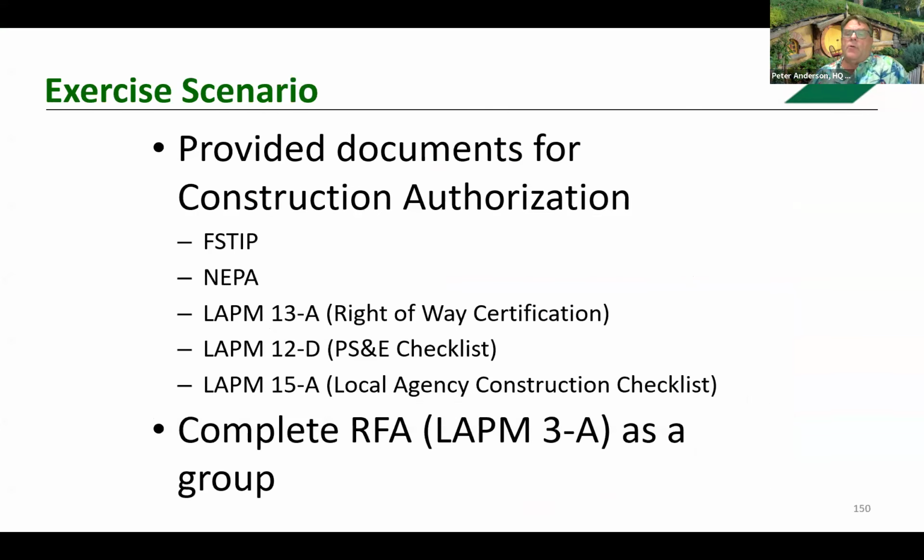So we're reviewing the following documents: the FTIP, FSTIP, NEPA, the right-of-way cert, PSNE checklist. And we have another one here called the 15A, local agency construction checklist. And we're going to, again, complete this 3A.